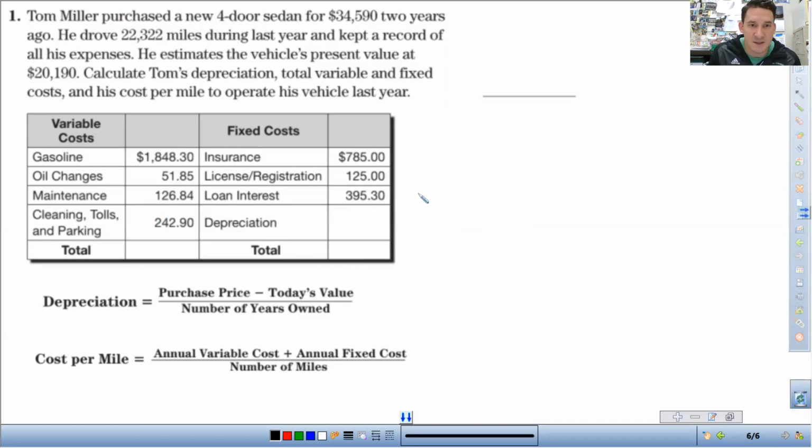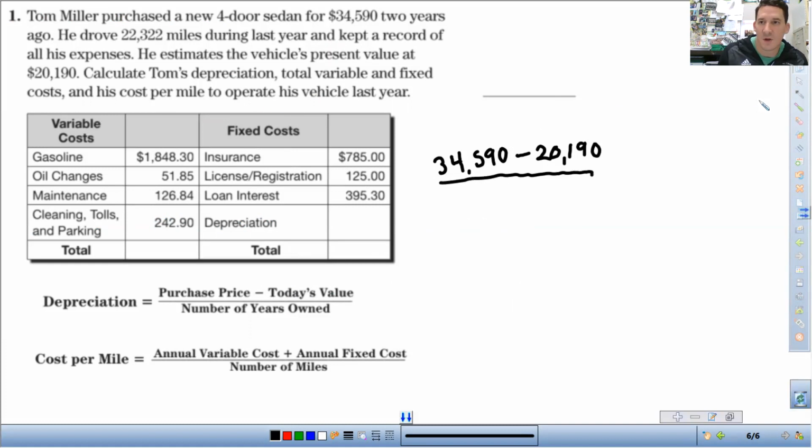So for the depreciation, we take the purchase price, 34,590, minus the current value, 20,190, and then divide it by the years owned. It says he purchased it 2 years ago, so we divide by 2.